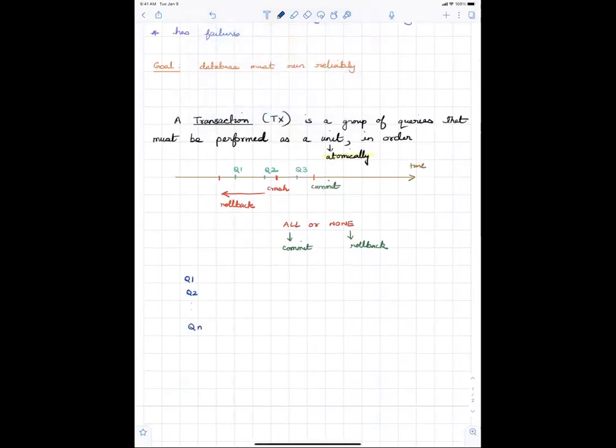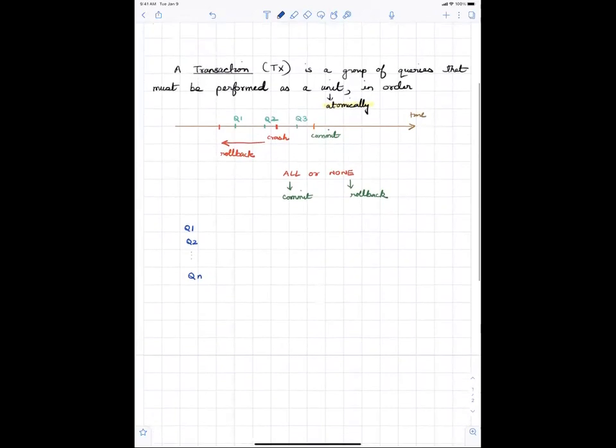In MySQL, by default, every query is a transaction. But if you want to run multiple queries as a transaction, you can do that. You can have Q1, Q2, Qn, and at the end you can do either a commit, which means you want all of them to happen, or a rollback, in which case you want none of it to happen.